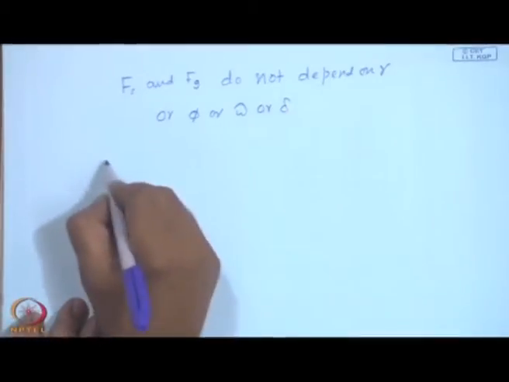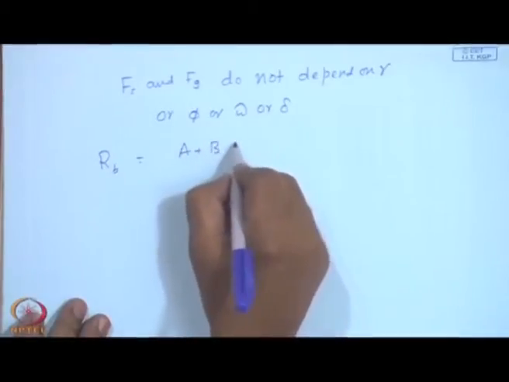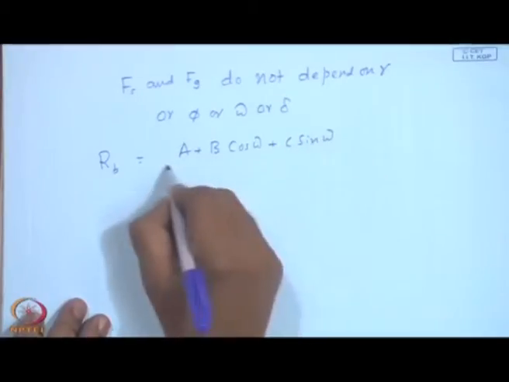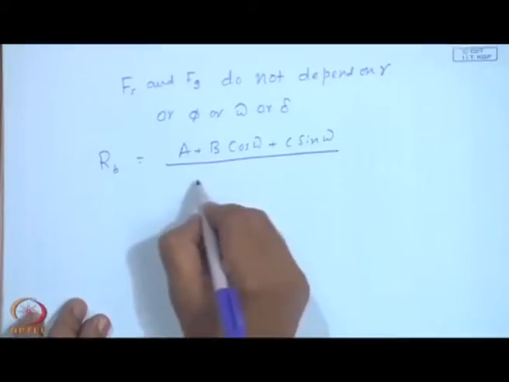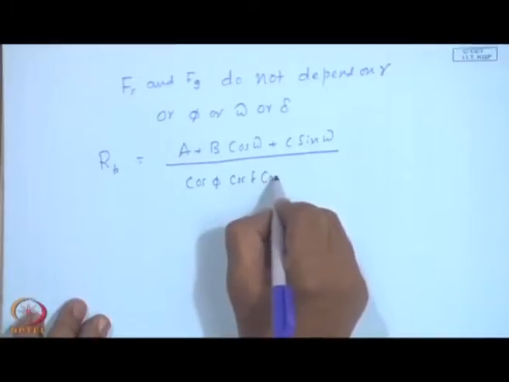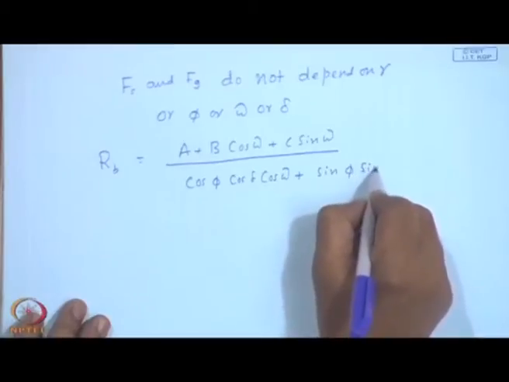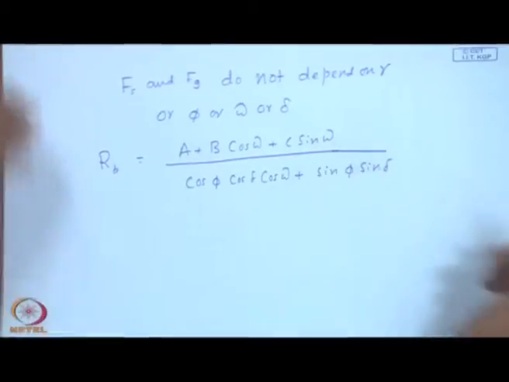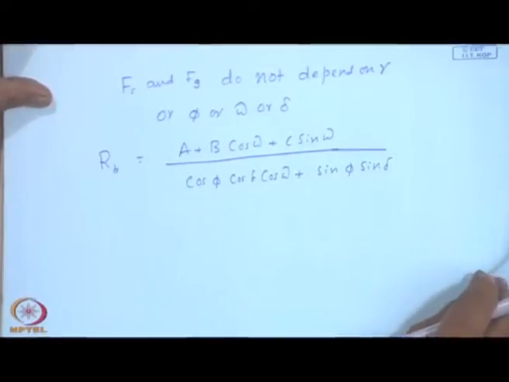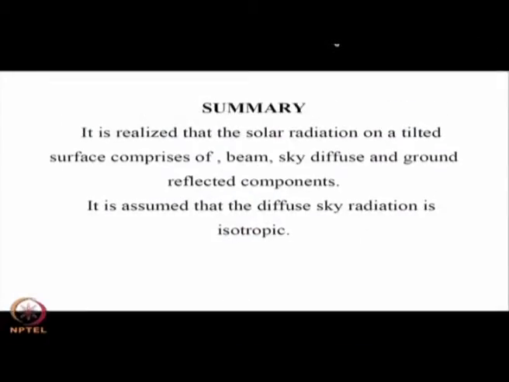So, I can in general have, this is the general expression for cos theta and this is the expression for cos theta z. So, now we have a method of calculating R b in general.